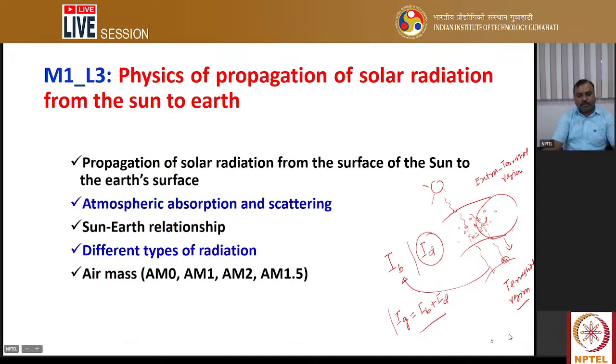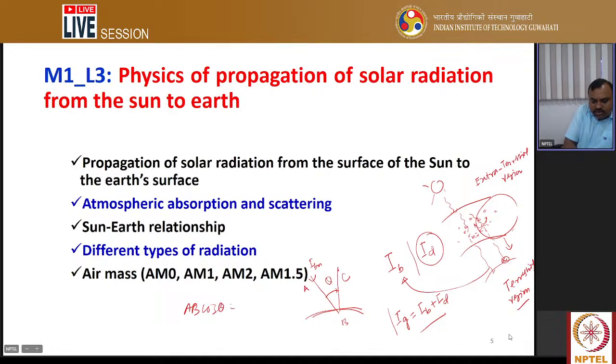So if we have to define air mass, it is something like this: solar radiation comes and makes an angle with the normal to the horizontal surface. So if it is IBN, and if we write A, B, and C, then AB cos of theta is BC, or we can say cos of theta is BC by AB.